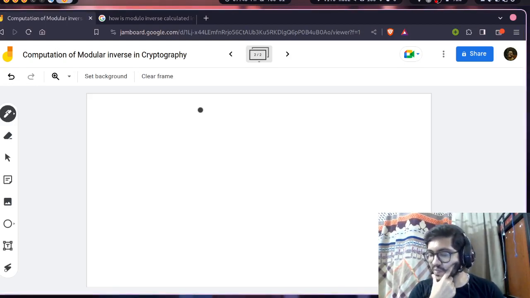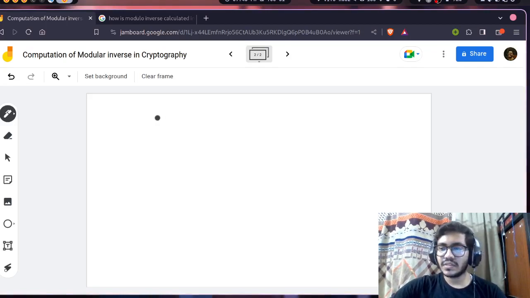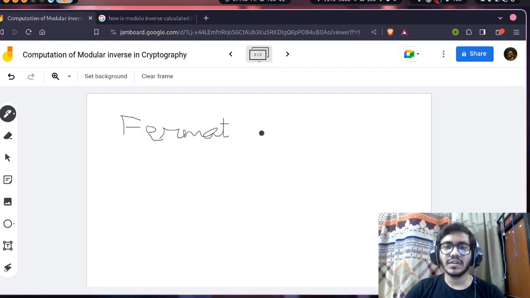So this comes from, and I'll be showing code on how to really calculate it and how the computers do it. So this comes from a well-known algorithm, or what we can call a mathematical equality. That's Fermat's theorem.